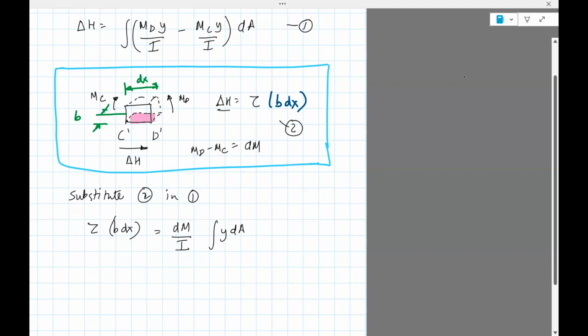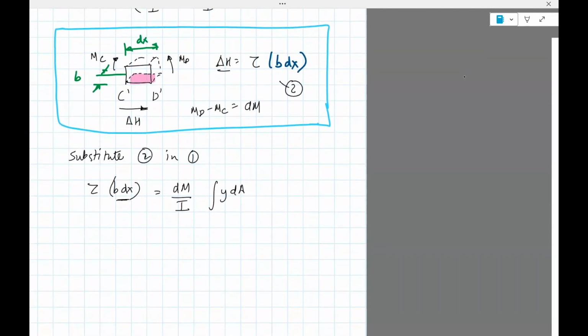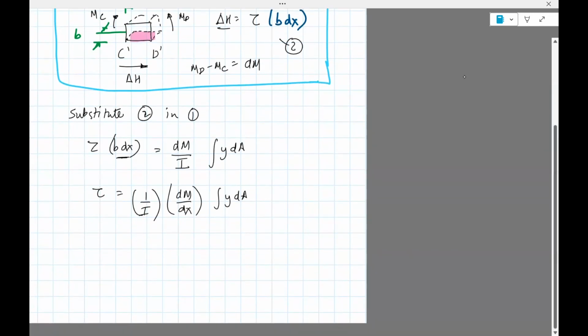Okay, we're almost there. Okay, I'm going to move things around. This b dx, I'm going to divide by b dx. So we have tau equals 1 divided by I, dM dx integral y dA, and we're getting a b.